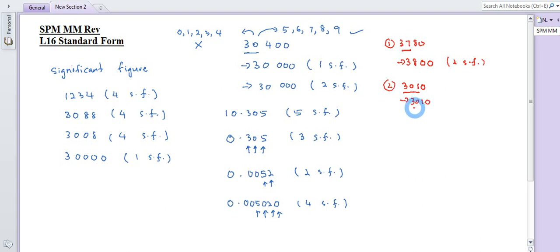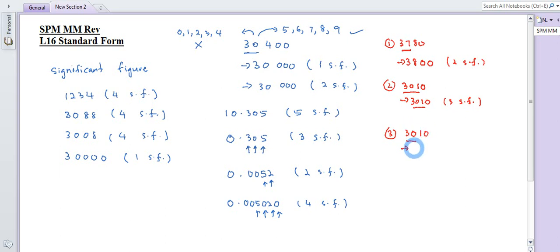So now we have three significant figures. Now, if you have the same number, 3010, and I want you to correct it to two significant figures, then I need to look at the number beside this 0 here.